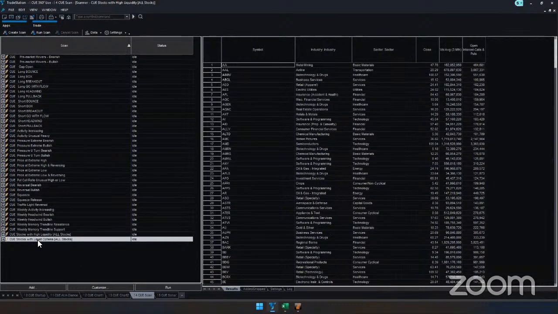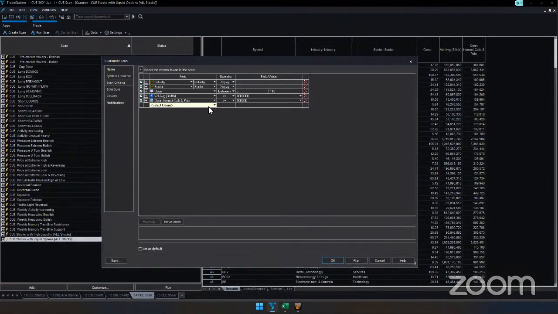And similarly for stocks with liquid options, how much liquidity you need for options, that is defined here. Open interest calls and puts, currently it is set to 100,000. That is fine. And here volume average 3 months, let's again change it to 500,000.